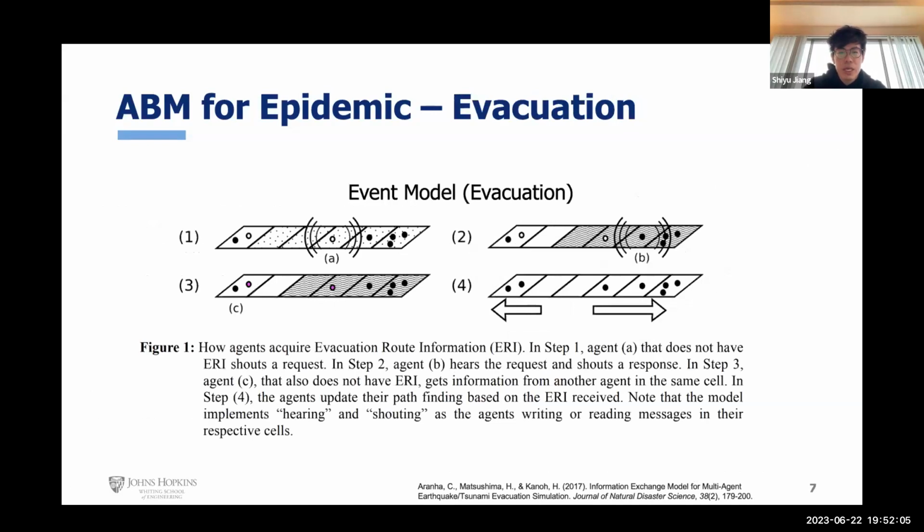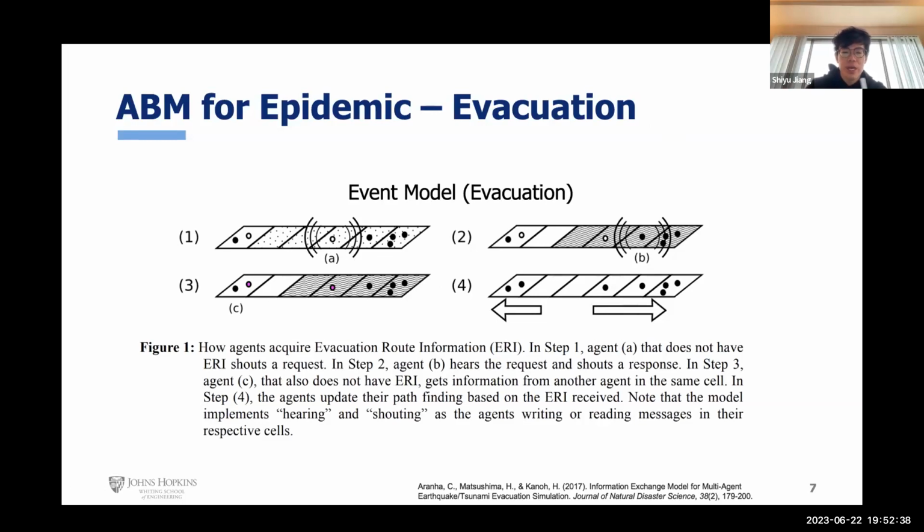Okay, so this is the event model, and basically we simulate an event of evacuation. This figure is basically an information exchange mechanism. When an evacuation is coming, the community must let everyone know where they need to go to evacuate.